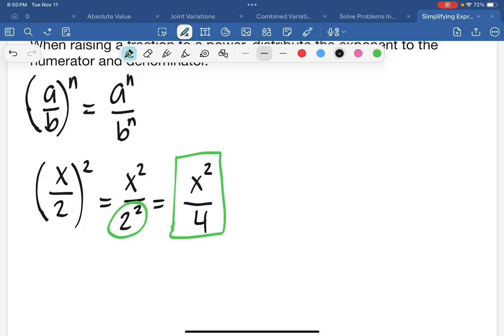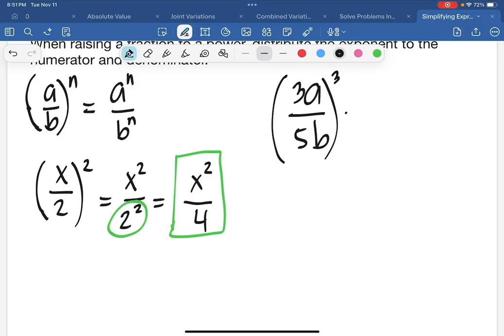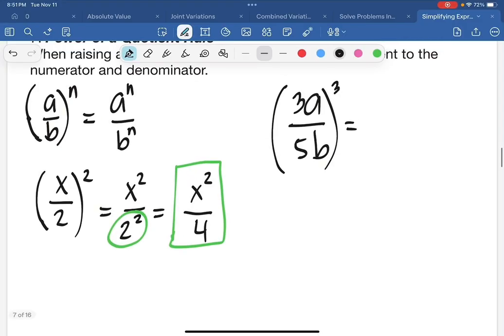Another example, we have here 3a over 5b cubed. So we have 3 raised to 3 and then a cubed. Also have 5 cubed and b cubed.